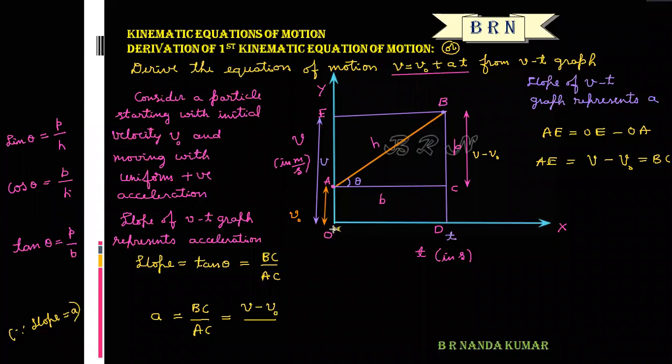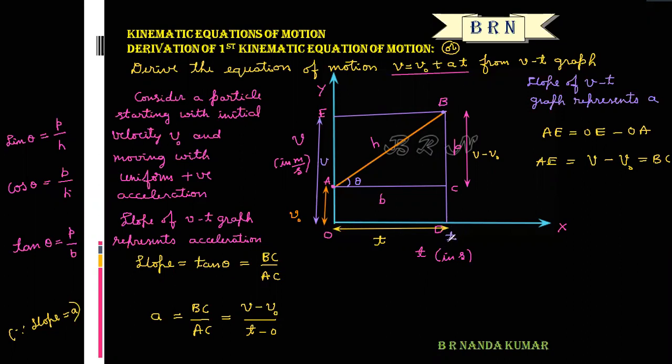Distance from O to D, what is this? OD is equal to T. This is T minus 0, right? So OD is the change in time. So final time minus initial time is the change in time.